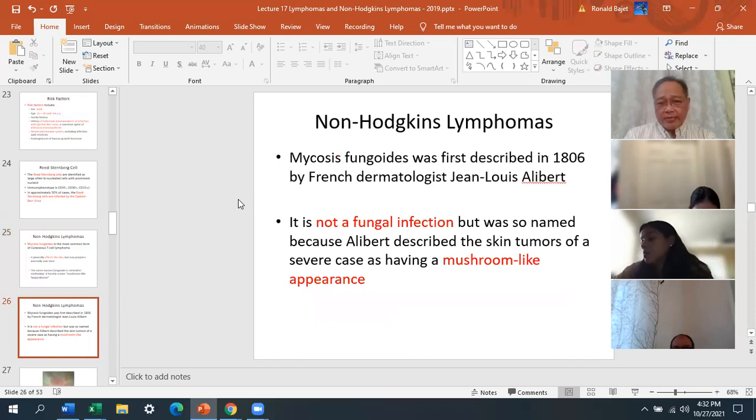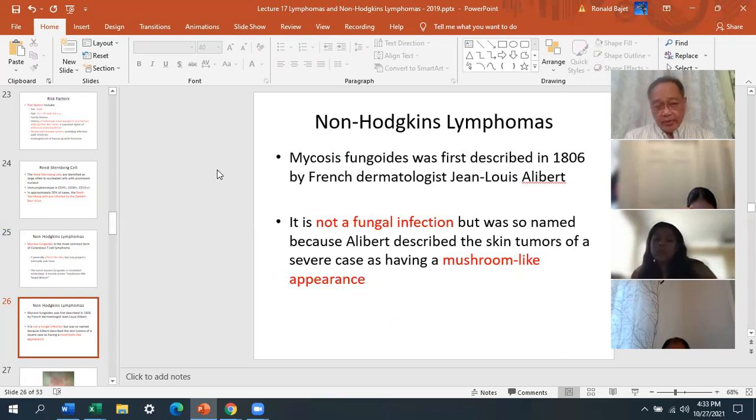This disease, Mycosis Fungoides, was first described by a dermatologist named Jean-Louis Alibert in 1806, a long time ago. When he identified it, he did not call it a fungal disease.